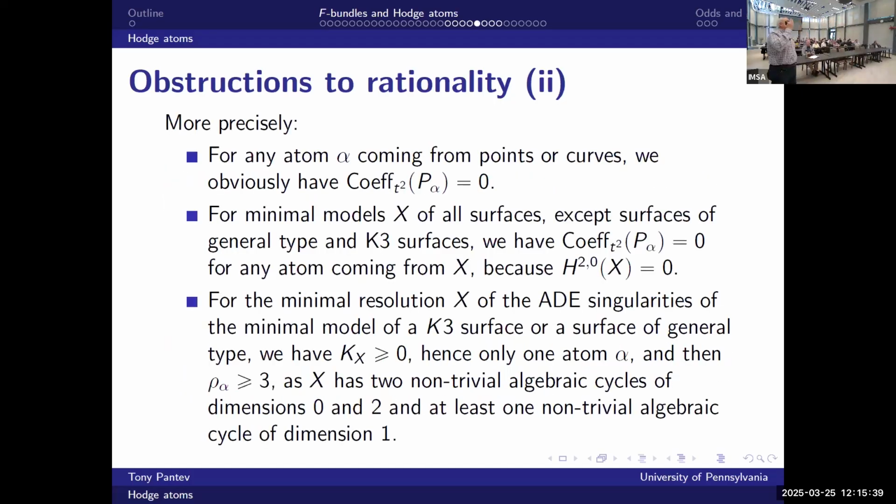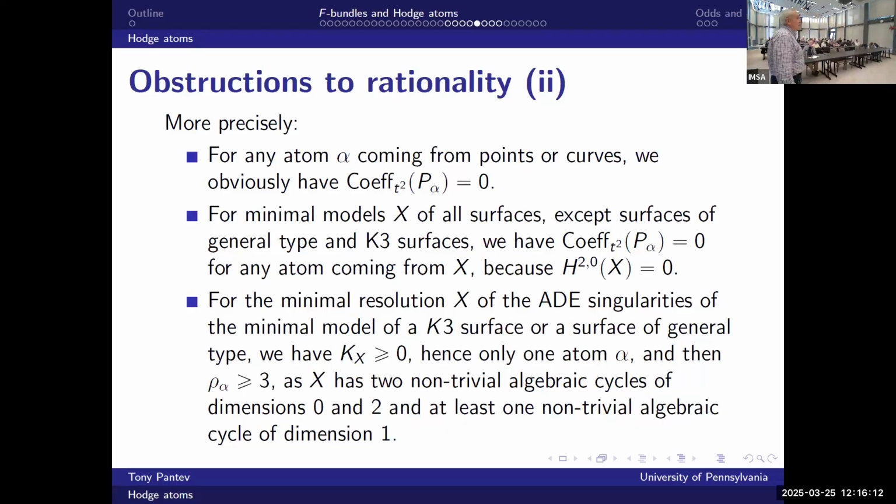So if you have any atom that comes from points or curves, then the coefficient in front of t square of the Hodge polynomial is 0. Because that's Hodge grading too. It's not infinite. If you have a minimal model of a surface, and the surface is not of general type or a K3 surface, then again, the coefficient of t square is 0.